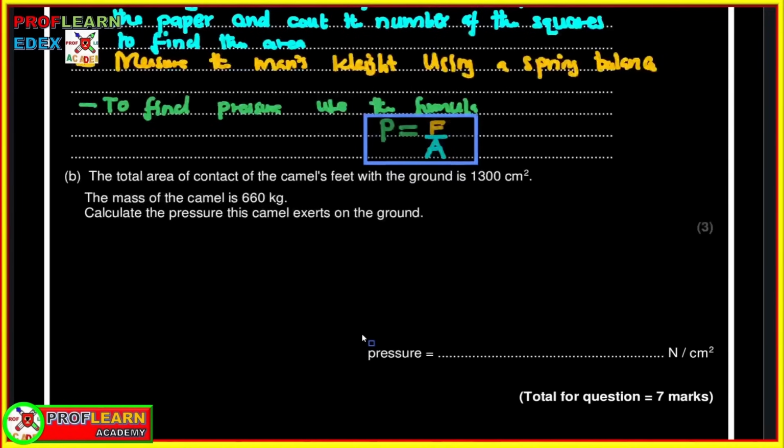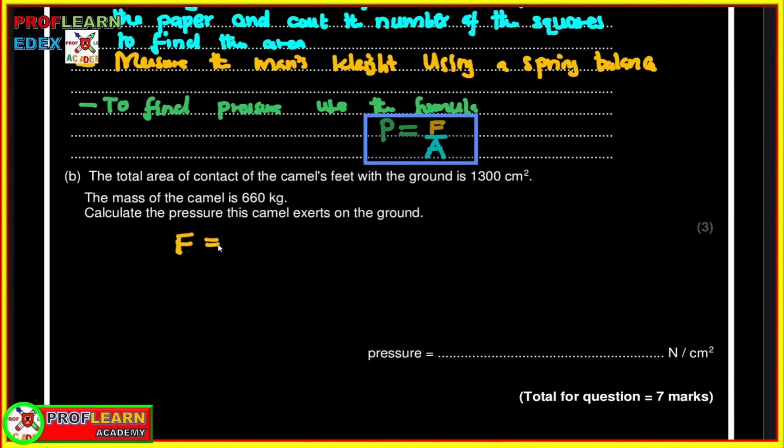All right, so after that shock of a camel weighing grams, I decided I had to take a break so that we can go back and calculate the pressure this camel exerts. Remember, for us to calculate the pressure the camel exerts, we need to know the force, and the force is going to be the weight of this camel.